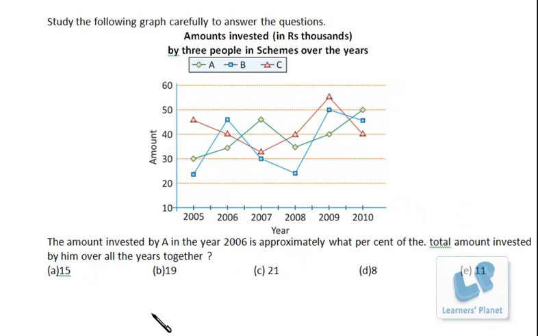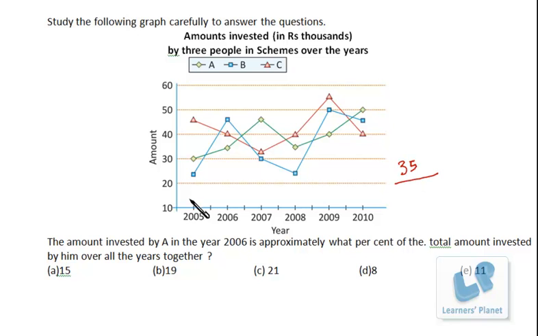The amount invested by A in the year 2006 is approximately what percent of the total amount invested by him over the years together? So in the numerator we have to take the data of 2006 of A, that is the green one, that is 35, right?